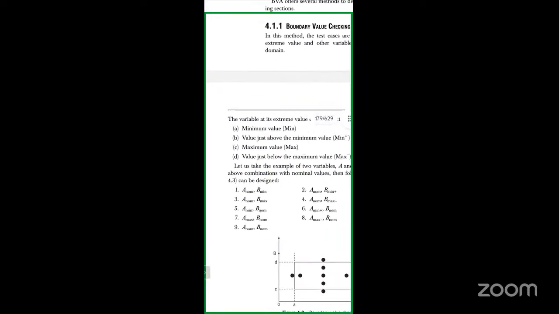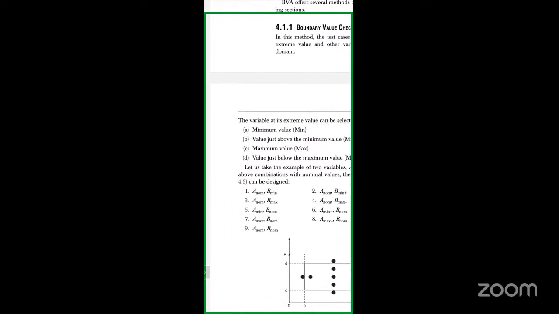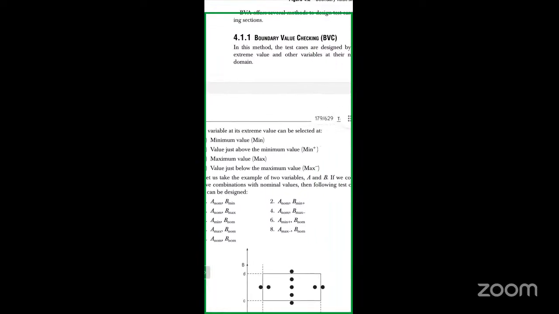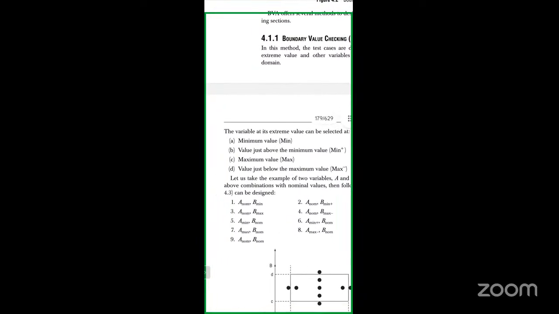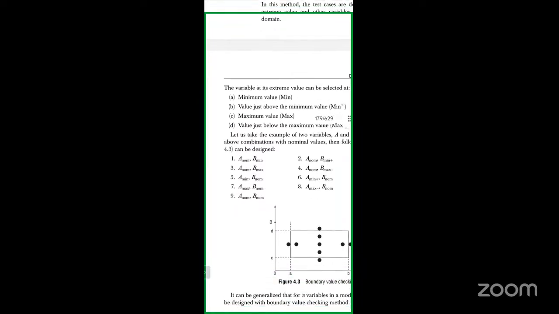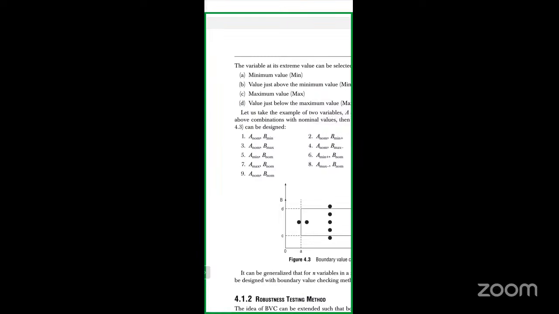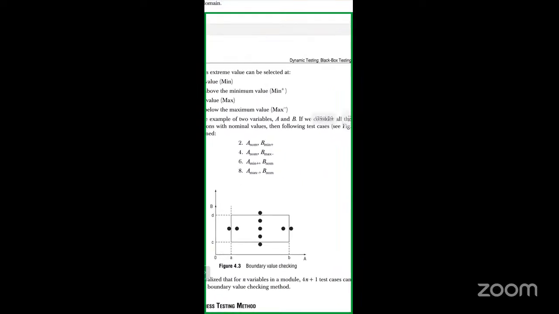The variable at its extreme value can be selected at minimum value, a value just above the minimum, the maximum value, and a value just below the maximum value. That is, the maximum value will be selected, the value just below that maximum will be selected, the minimum value will be selected, and the value just above that minimum will also be selected.